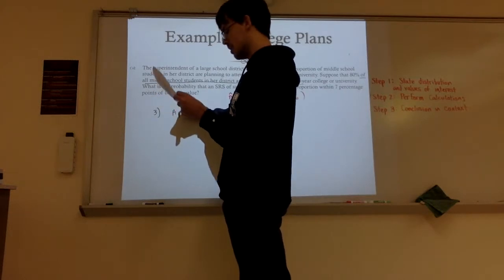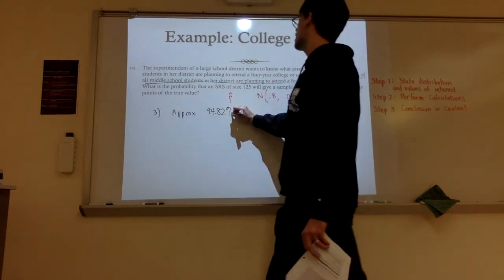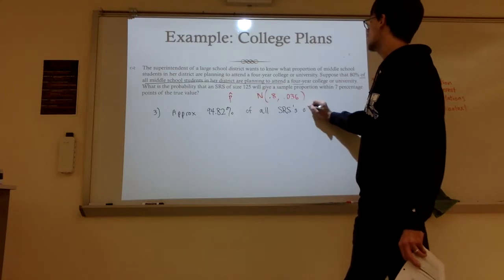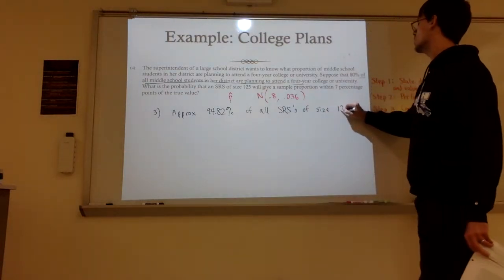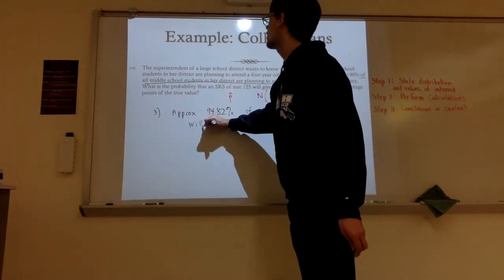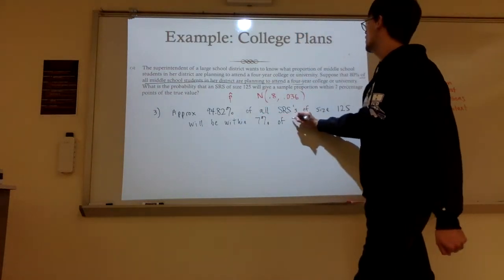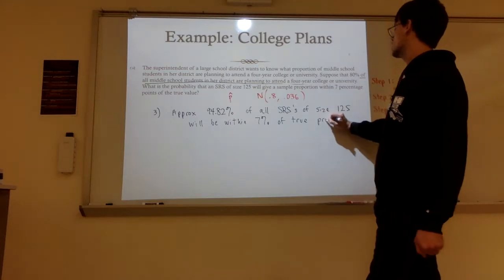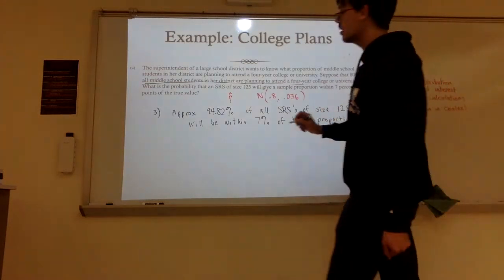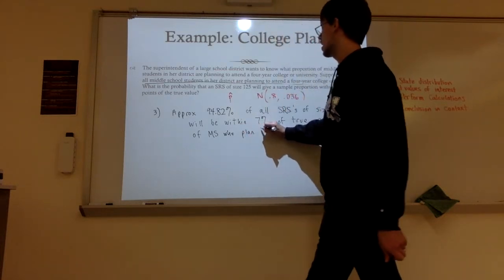That tells us that approximately 94.82% of all SRSs, simple random samples, of size 125 will be within 7% of the true proportion of middle schoolers who plan to attend college.